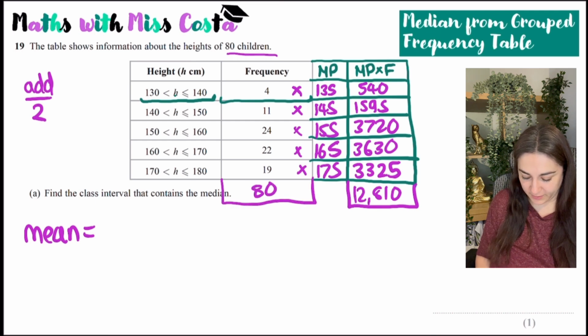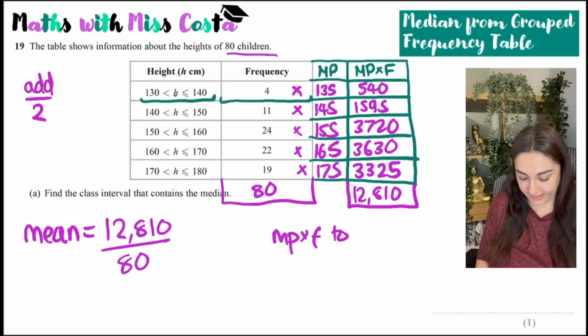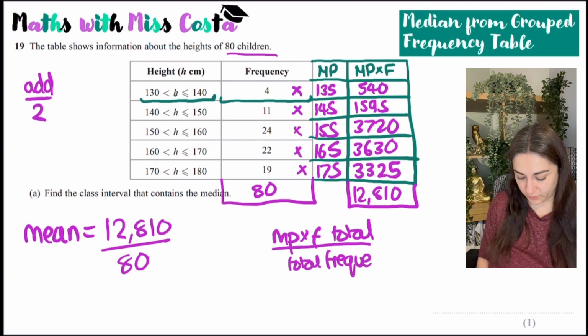And the total of the frequency you already know, as it's told you. So you do 12,810 divided by 80. To work out the mean, you do the midpoint times frequency total divided by your total frequency. So that's the formula.